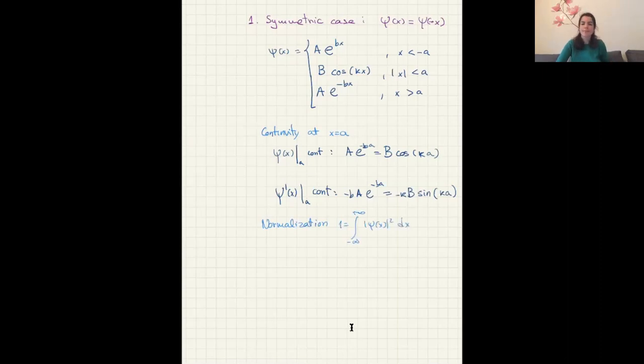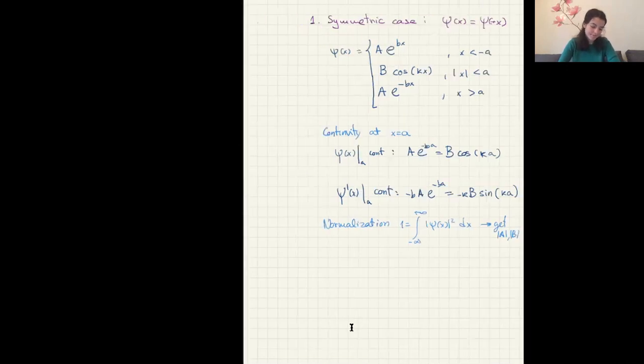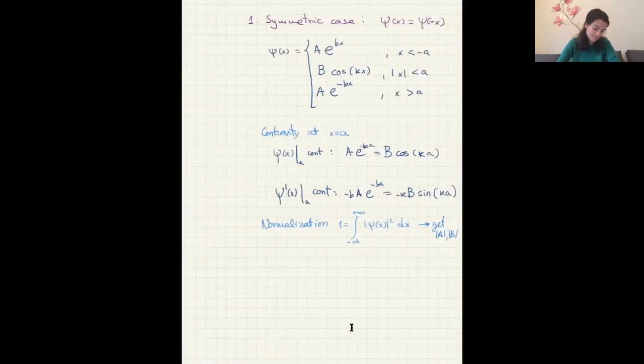So from here, you can already get A and B up to a global phase. So still, we have these two equations. What are we going to do with them? And again, are you still here? You're still here.